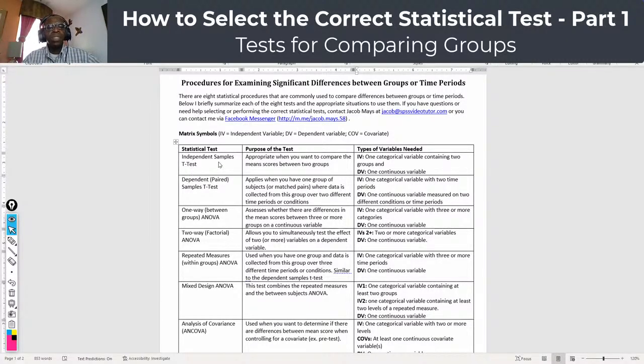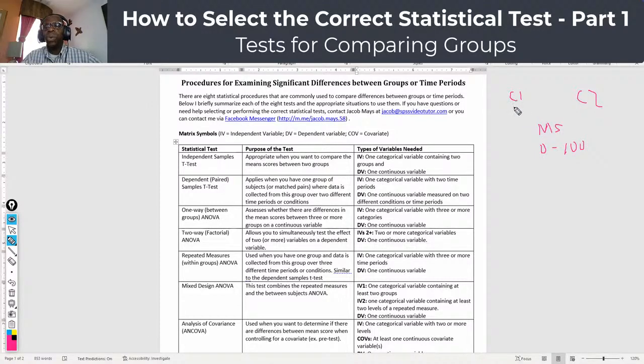The independent samples t-test is appropriate when you want to compare the mean scores between two groups. You have one categorical variable containing two groups and one continuous variable. So let's say, for example, we want to compare classroom 1 and classroom 2 on math scores. Math scores are scored on a 0 to 100 scale.